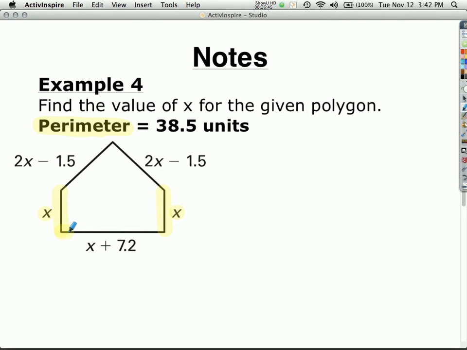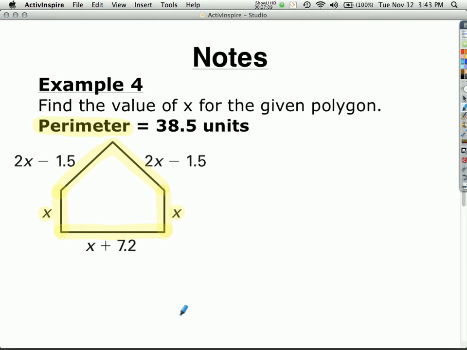I can count them: 1, 2, 3, 4, 5. So there are 5 sides. I was just messing with you. You were perfect. What does the prefix penta mean? Someone raise their hand and tell us. Stephen? It means 5. So you can use that prefix for other things as well.